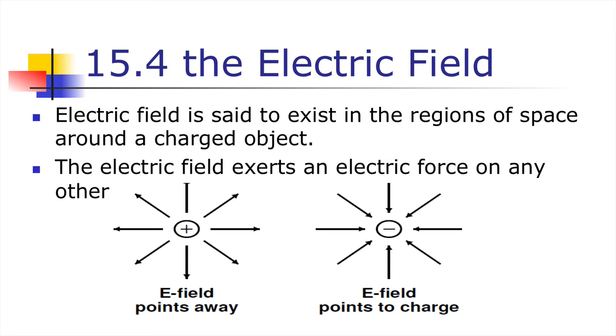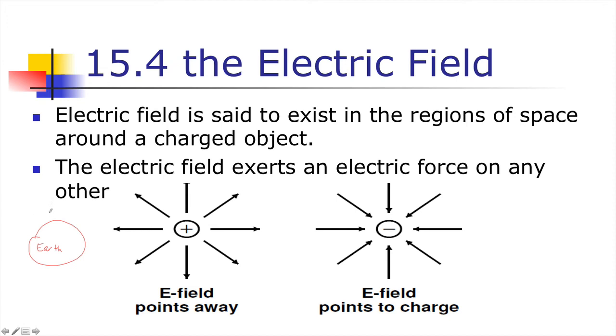What is an electric field between two charged particles? What do we mean by an electric field? An electric field is said to exist in a region of space around a charged particle. Remember, when we talk about gravity, if this is the Earth or any mass, we like to use Earth as an example because we experience that gravitational field.